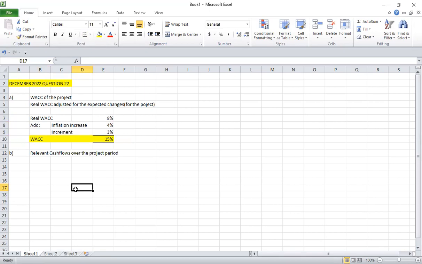This is what I want you to remember. The questions which we have done so far have summarized for us the cash flows which we needed to compute something like NPV or the internal rate of return.